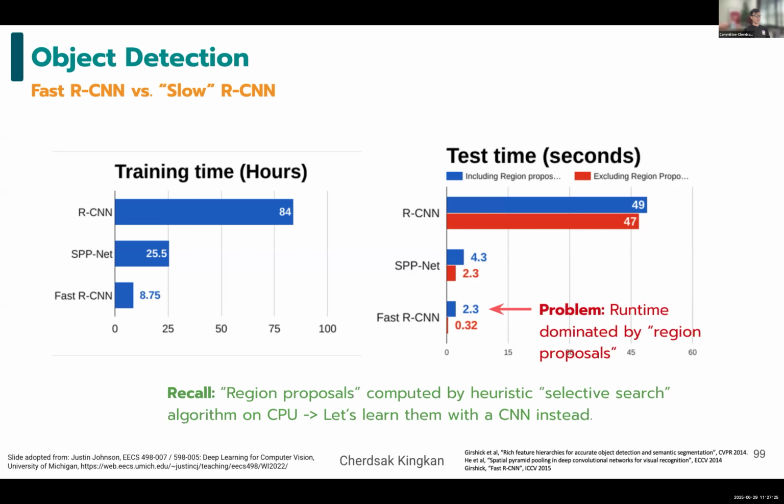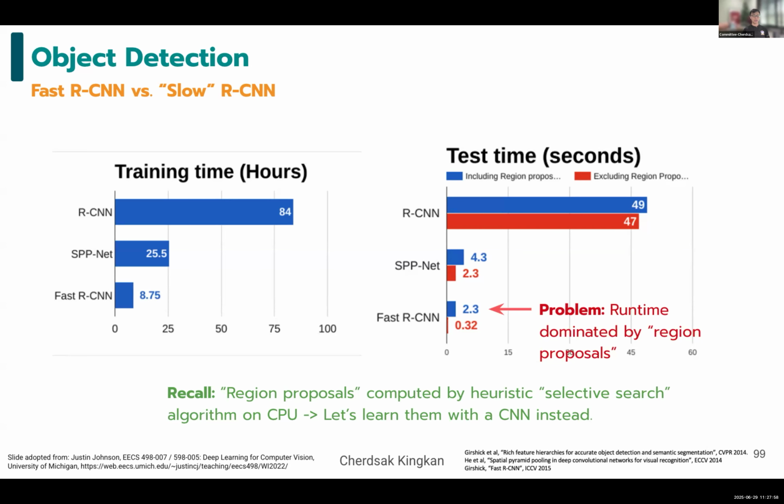All right. So we can say that region proposal methods are computed heuristically by using a method, for example, selective search, right? The selective search algorithm. So what if instead of using a heuristic algorithm like selective search, the question is, can we use a CNN to learn how to get a region proposal?